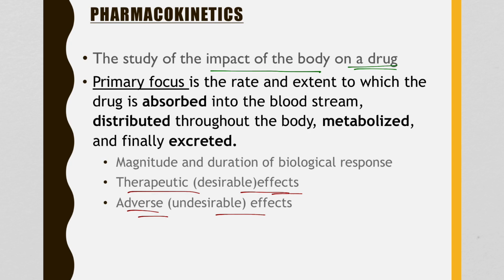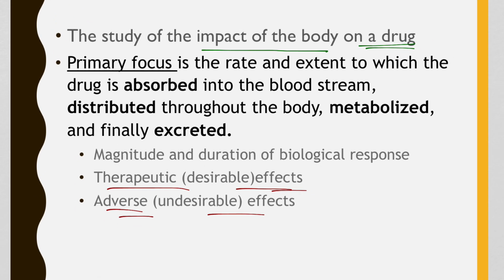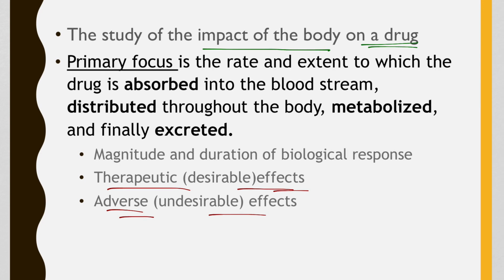So when we think about pharmacokinetics, it's extremely important clinically, right? Because what we're saying with pharmacokinetics is, what is our body going to do to that drug, and then what effect is that going to have on our actual patient? There are four key pillars as we start to think through pharmacokinetics: absorption, distribution, how the drug is going to be metabolized, and then how it's going to be excreted or removed from the body.